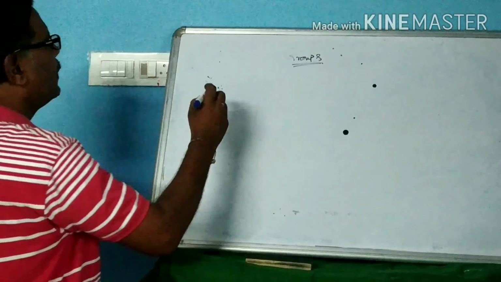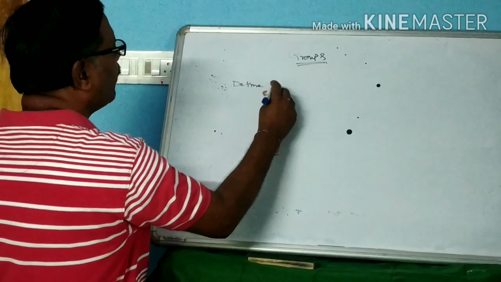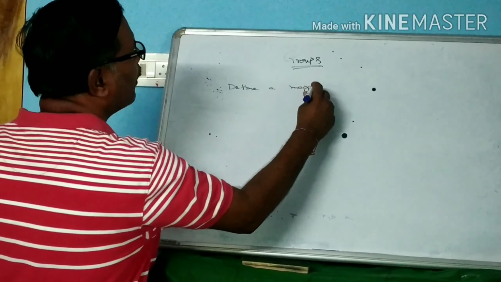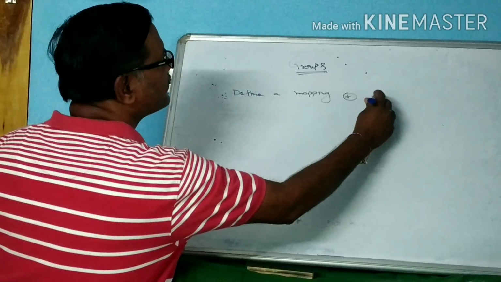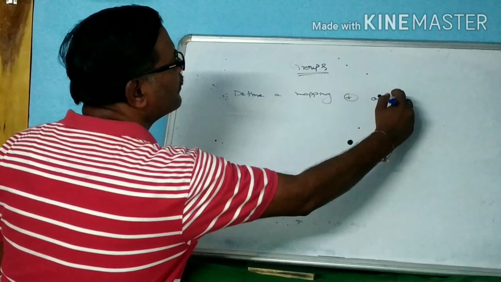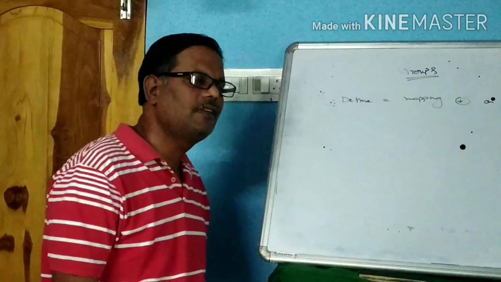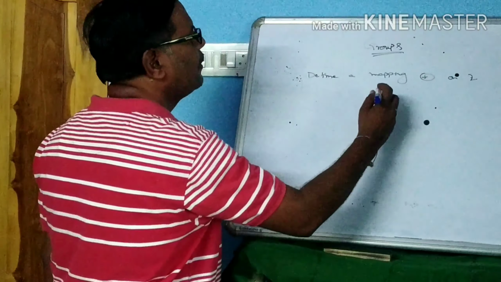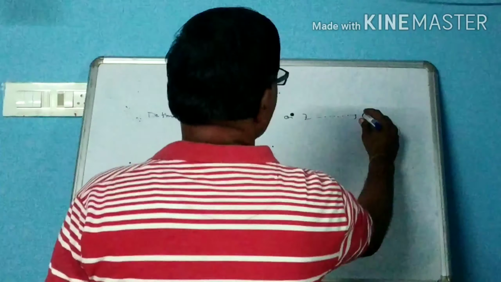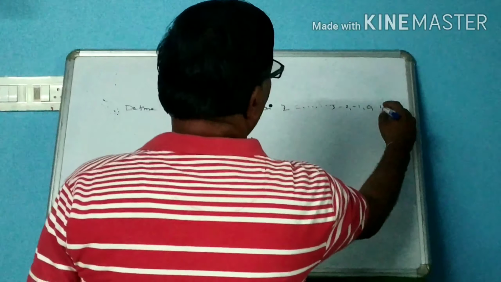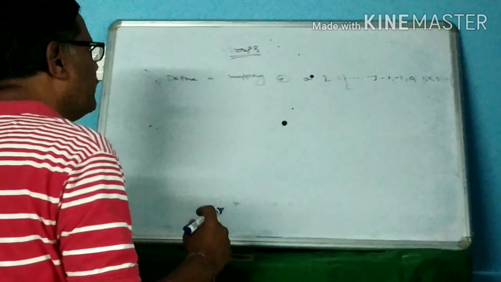For example, define a function or mapping, circle under plus, on Z. Z means the ring of integers, Z equal to negative and positive numbers, 0, 1, 2, 3, and so on.